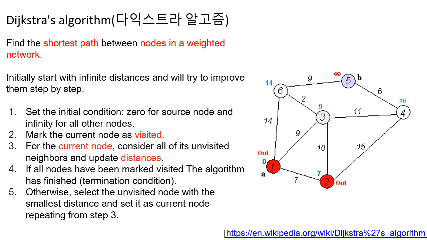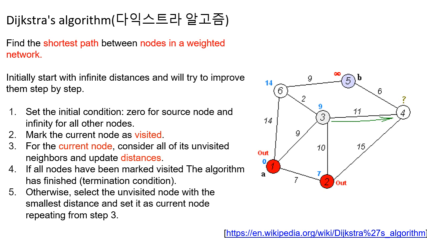First, mark the current node as visited. This one is the current node, so it is visited. I expressed it with a red circle, and then for the current node, consider all of its unvisited neighbors and update the distance. From here, you can find the unvisited neighbors, that is 2, 3, 6.